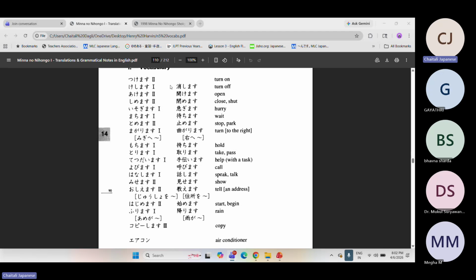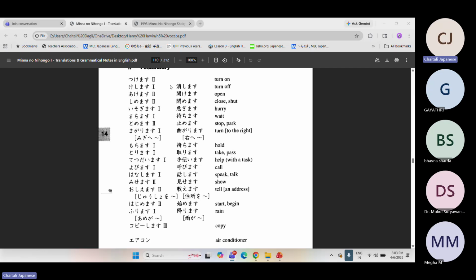Now, chapter number 14 is very important from your sentence formation point of view. There are a lot of rules as to where you will have to use verb in te form. Lot of rules where you'll have to use verb in te form, verb in root form, ta form, nai form, or nakatta form.